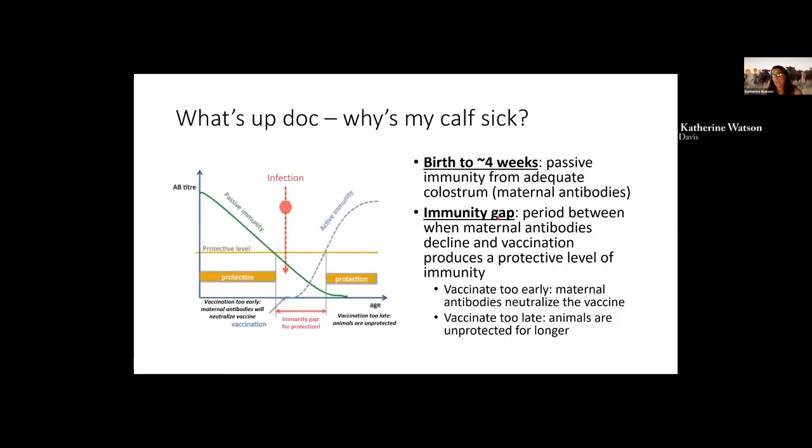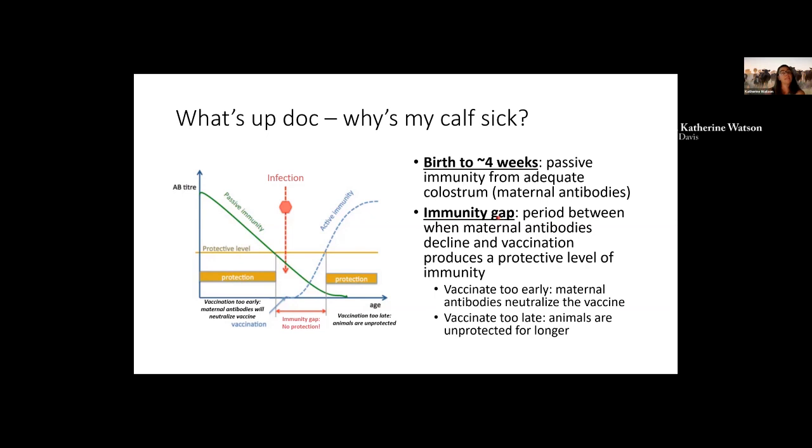So the other thing that factors in are vaccines. It's really important. Gaby mentioned earlier in the talk that one of the things you can do is send in blood samples of a calf that's less than 1 week old in order to measure immunoglobulins.